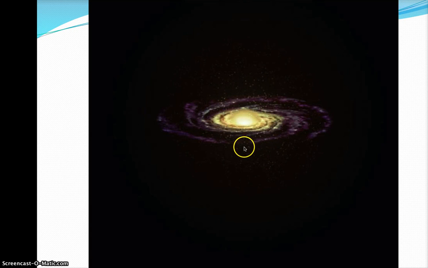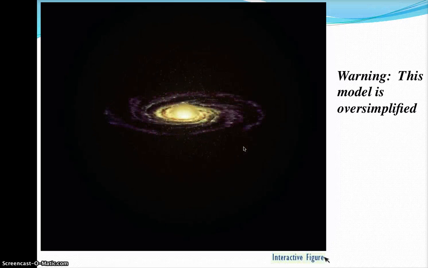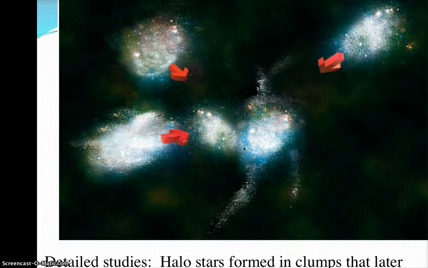So from that disk of material, stars begin to form, and then it starts to look more like the galaxy that we're familiar with. This is a pretty simple model, but it's a nice general overview for how our galaxy may have formed. In detailed studies, they find that halo stars formed in clumps and then they merged together, but that's extra information.